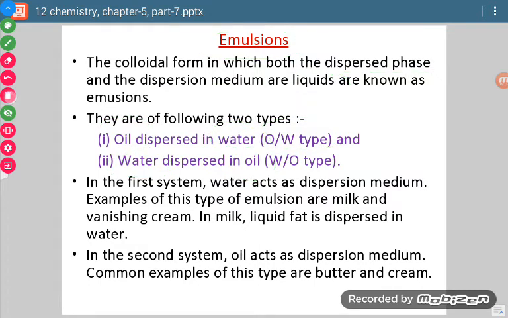Okay, now let us discuss with examples. If we talk about milk, then water is in more amount, so water is the dispersion medium, and fat is in less amount, so fat or oil is the dispersed phase. So it is an example of oil in water type. Now if we talk about butter, then oil is the dispersion medium and water is the dispersed phase.